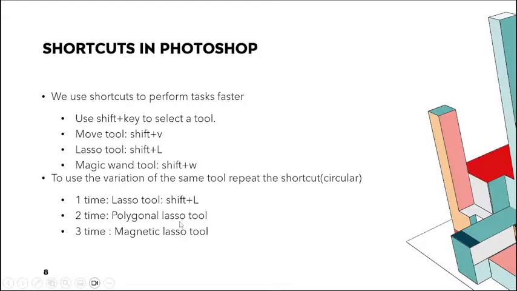If you press shift and L again, then the magnetic lasso tool will be loaded. While you're working in the magnetic lasso tool, if you press shift and L again, then the basic lasso tool will load again. So we could describe it as a repeat shortcut cycling between the three options.